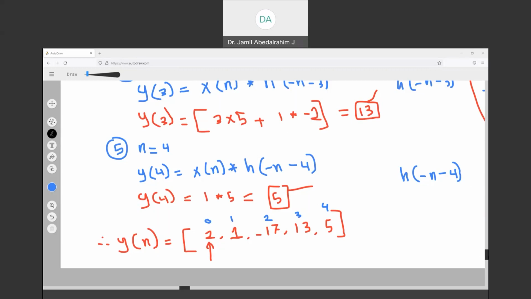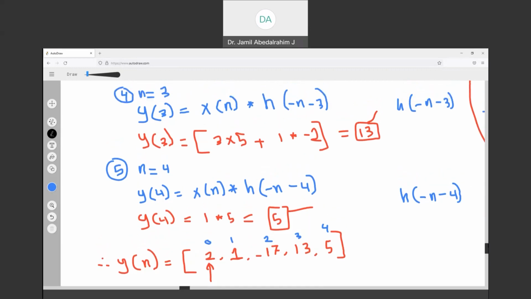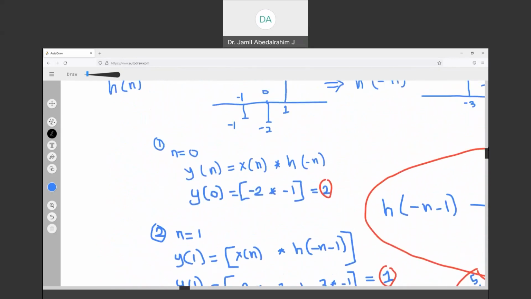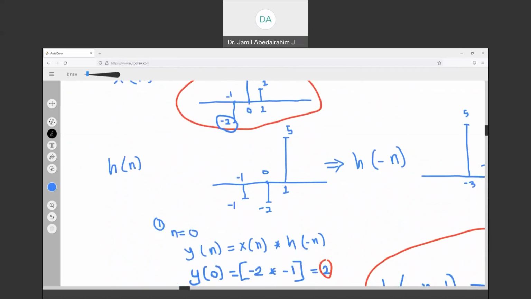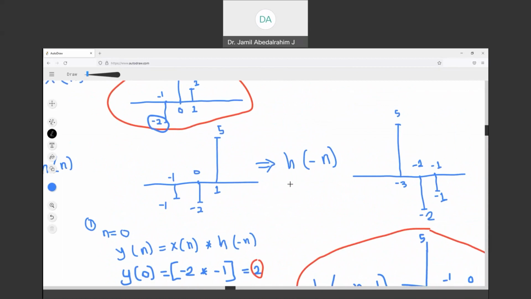Let's go back and refer to the original signal here, h of negative n. If we do shifting to the left side, to the negative part, there will be no shared signal. Look here, minus 3 will become minus 4. Minus 2 will become minus 3.